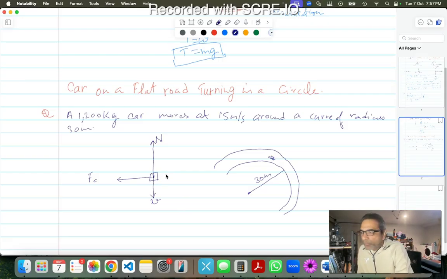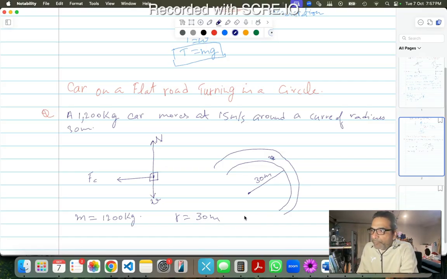So now we have to see what all the forces are. First, what is given? The mass, 1200 kg, the radius, 30 meter, the velocity 15 meter per second. The value of g, which we know, 9.8 meter per second square, right?